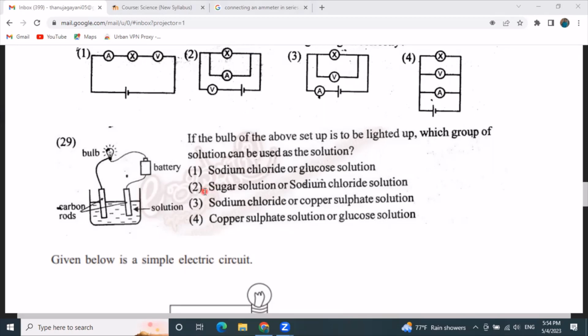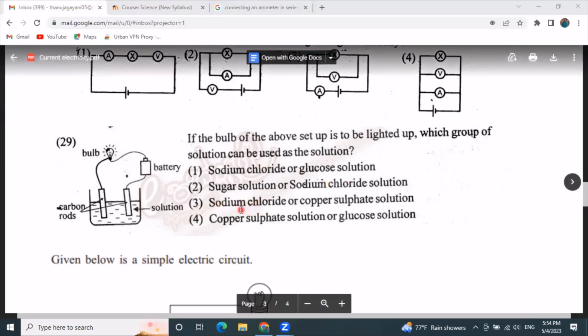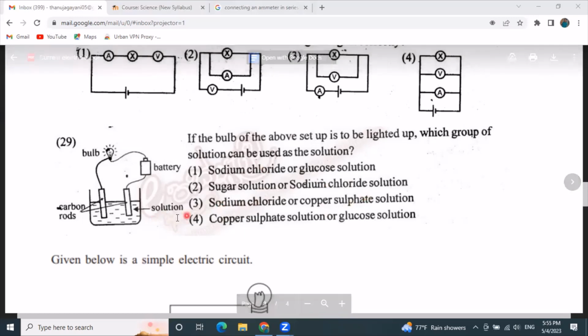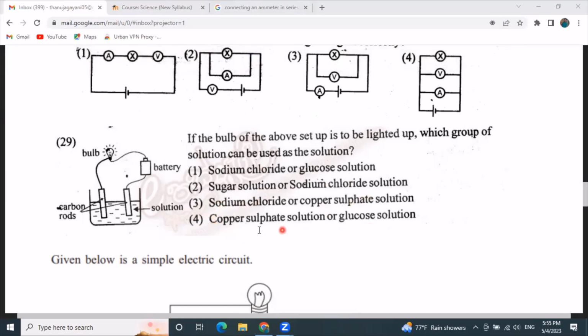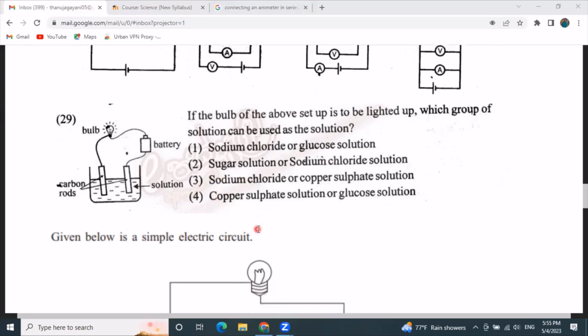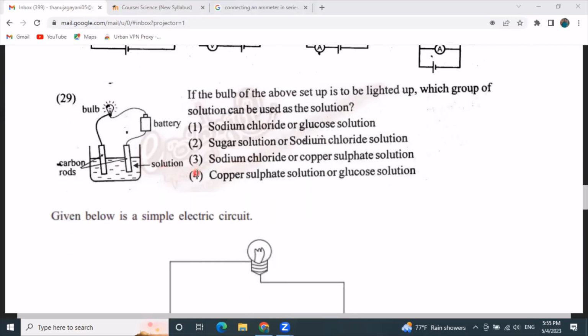Sodium chloride is an ionic compound. Glucose solution is covalent. Sugar solution is covalent. Sodium chloride is ionic. Copper sulfate is also ionic. So the correct answer is the third one.